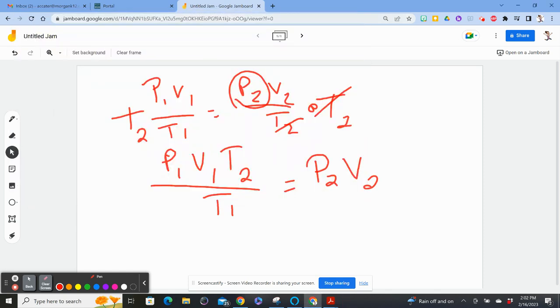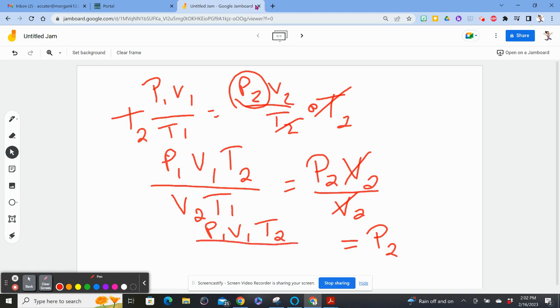Then I need to get rid of the V2, so I'm going to divide both sides by V2. Now that leaves me with P2 equals P1 V1 T2 over V2 T1. Once I have that solved for P2, I just have to put the numbers in and I'll get my answer. So I need to go back and look at what those numbers are.